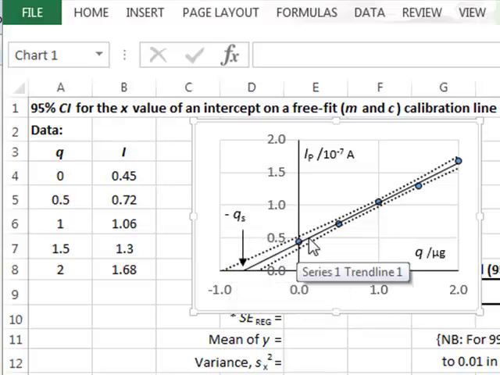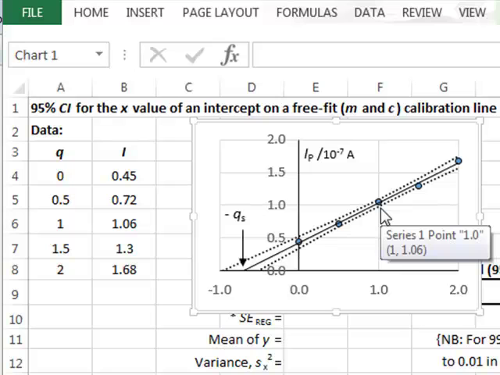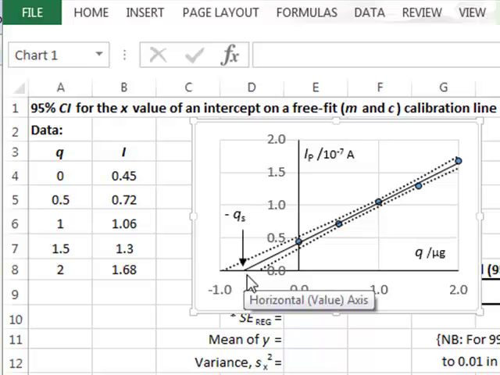The important point in this analysis is that at this large distance from the center of the calibration range, the confidence interval for the intercept opens up considerably, giving a large relative uncertainty in the position of the actual intercept.